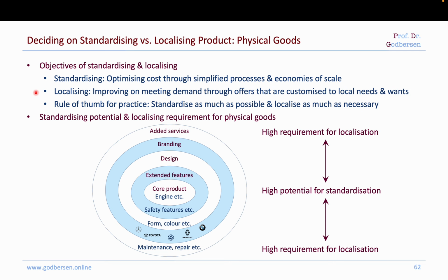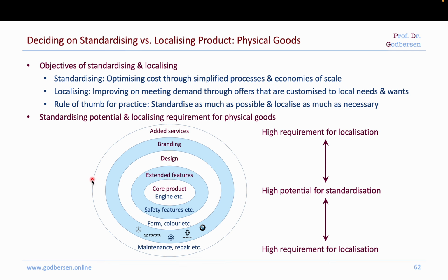And you can say, as a rule of thumb, what you want to achieve in international business is that you standardize as much as possible and you localize as much as necessary. And that is against the backdrop of the two aforementioned objectives of standardizing and localizing.